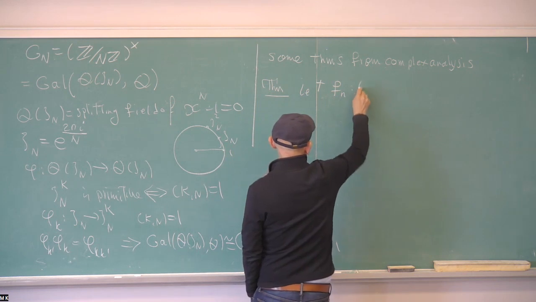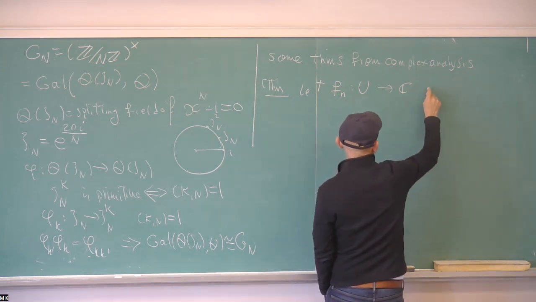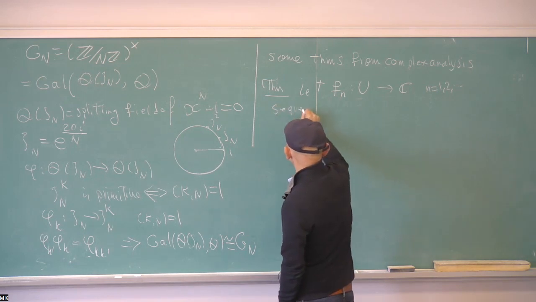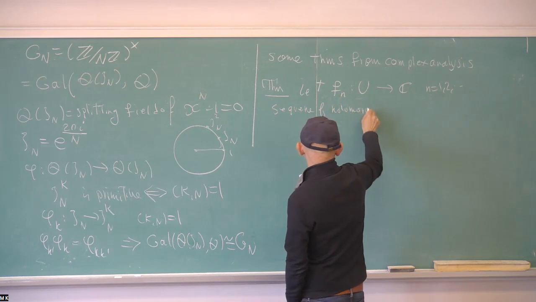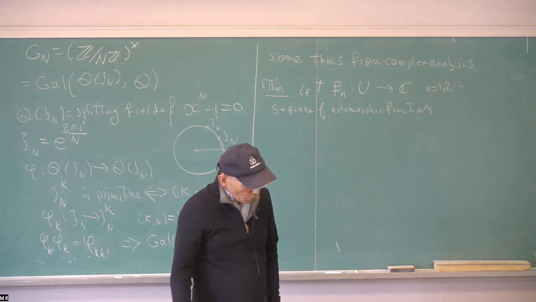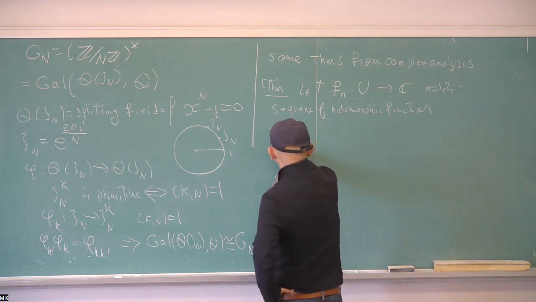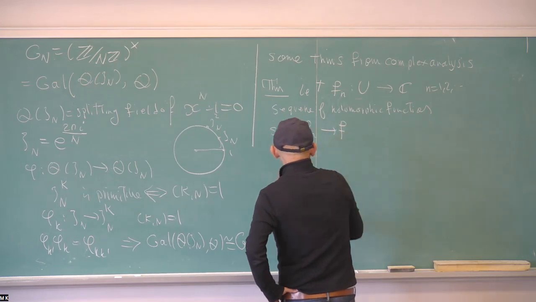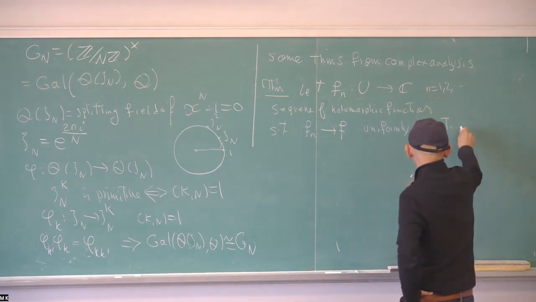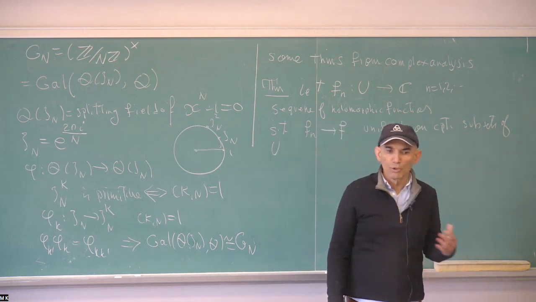Let F_n from U to C be a sequence of holomorphic functions such that F_n converges to F uniformly on compact subsets of U. You know the meaning of these terms, right?